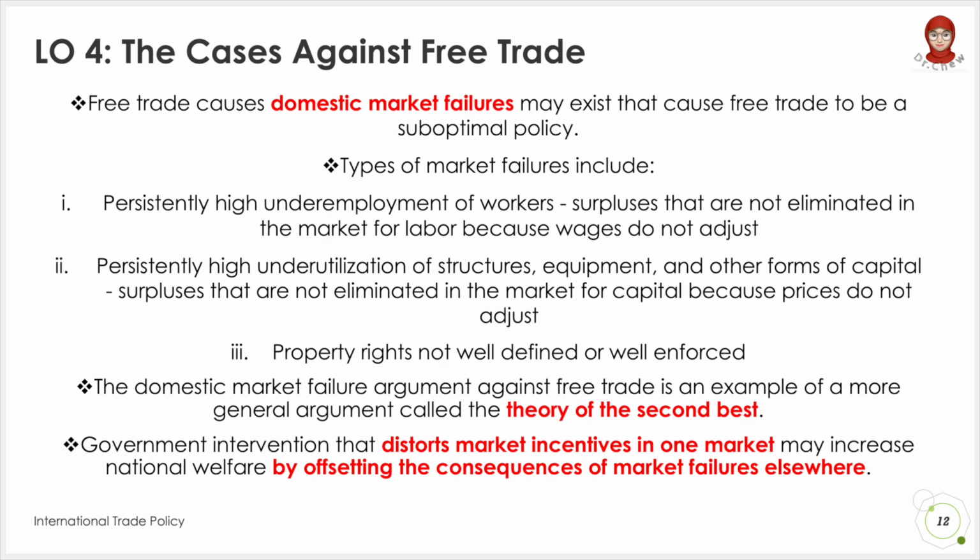Another argument against free trade is that it causes domestic market failures. This includes the possibility that the labor used in a sector would otherwise be unemployed or underemployed, because producers will shift to sectors that have higher demand, leaving other sectors as they are because wages do not adjust.